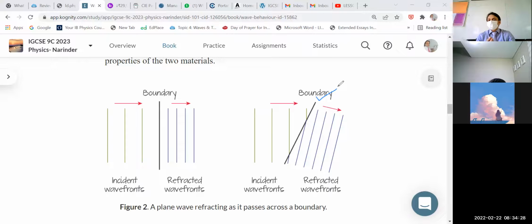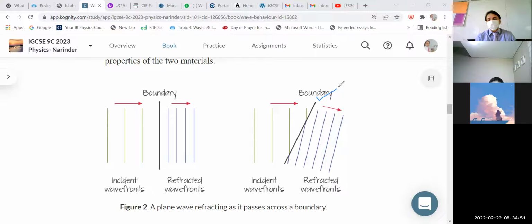If I ask you one question, as per this diagram, what kind of medium is there on the left hand side and what kind of medium is there on the right hand side? How will you give the answer to this problem?